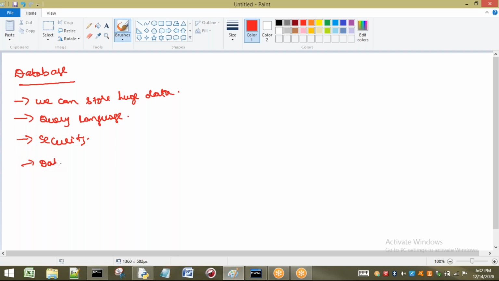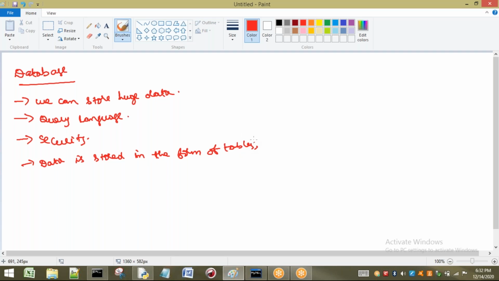That means data is stored in the form of tables, so we have rows and columns here.